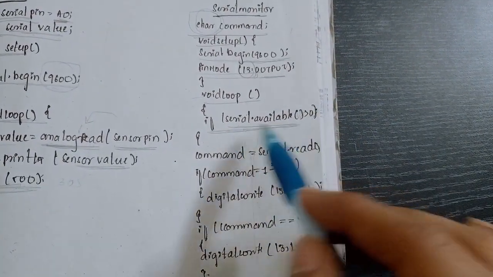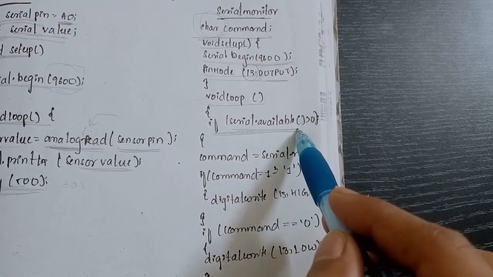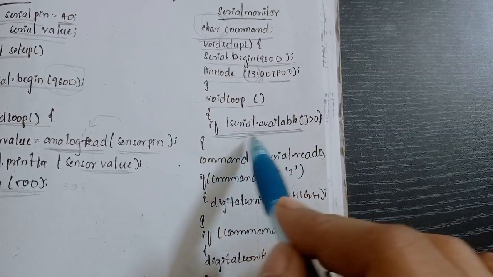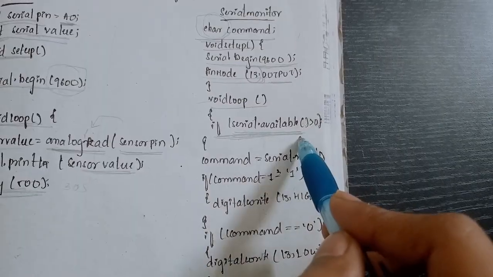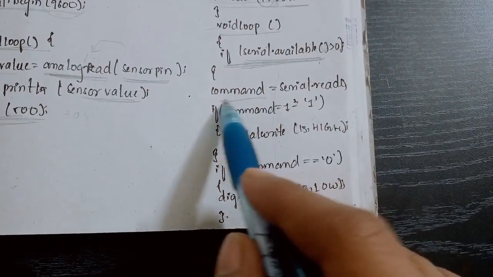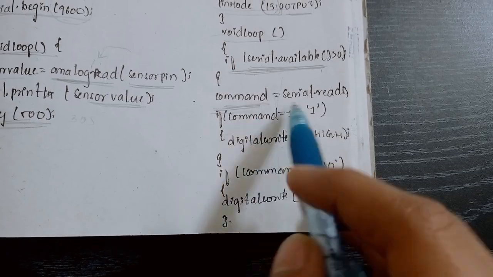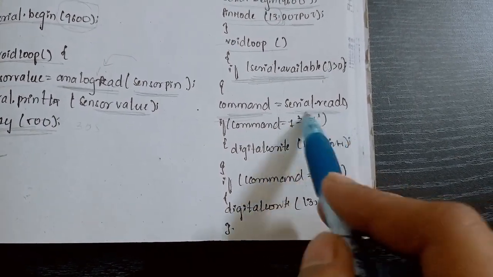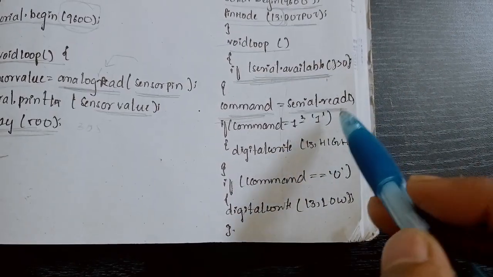If not, that's the end. Assume the values are there. If available, it's available now. So command would be a variable for now, and we will be reading the serial data, Serial.read.